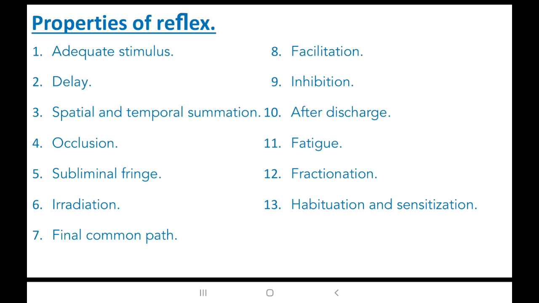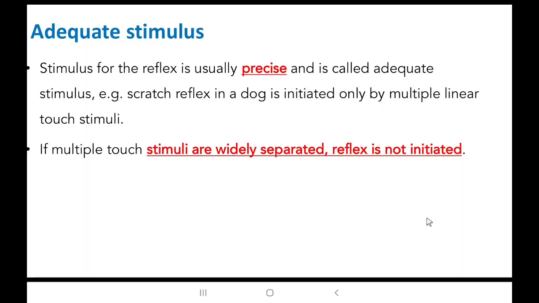So let us begin with the adequate stimuli or adequate stimulus. Adequate stimulus means precise stimulus. The stimulus should be precise, pinpoint, and it has to be adequate. One example is the scratch reflex in dog, which is initiated only by multiple linear touch stimuli put on the same point again and again, and then a scratch reflex is established.